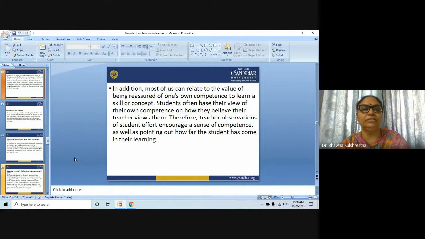To learn a skill or concept, students often base their view of their own competence on how they believe their teacher views them. Therefore, teacher observations of student effort encourage a sense of competence, as well as pointing out how far the student has come in their learning.